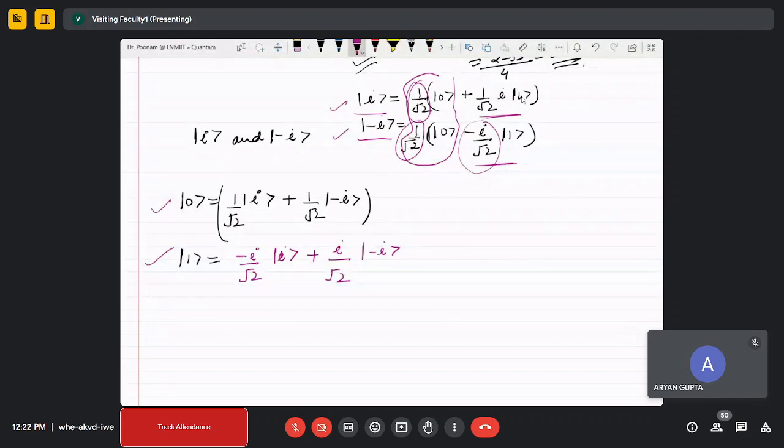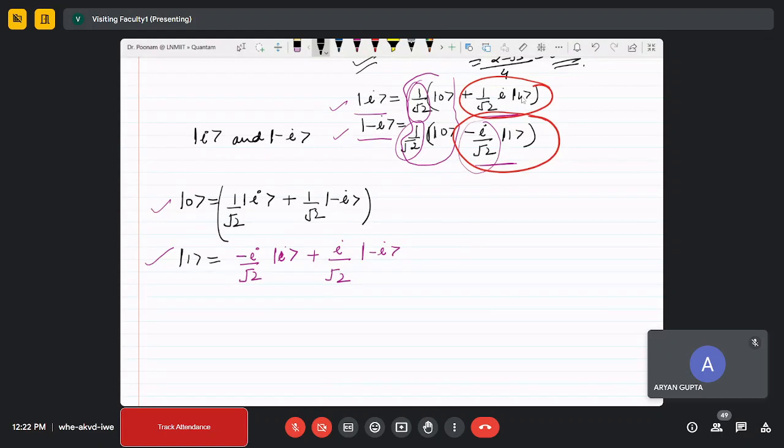Next come to the 1. If I'm talking about the 1, I will be focusing on these two parts. Here the coefficient is iota 1 upon root 2, so I will be multiplying it by its complex conjugate, which is minus iota 1 upon root 2. Here it is minus iota root 2, so the complex conjugate will be iota upon root 2. So this is how you have represented 0 1 in the basis of plus iota and minus iota. Got it?